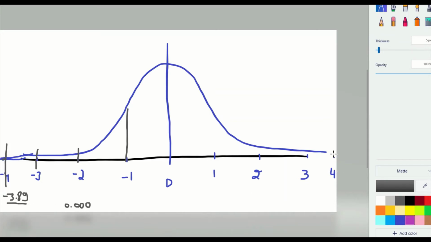And by the time you reach 4, where you're calculating the area below 4, you have probably reached 0.9999999, or an area of 1 if you want to round up a little bit.